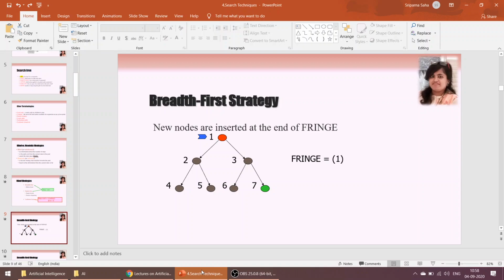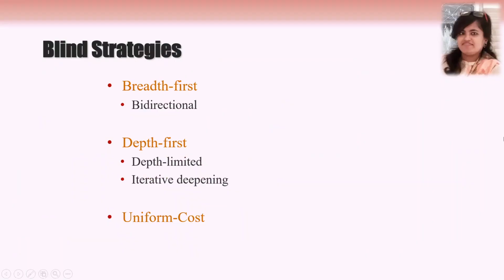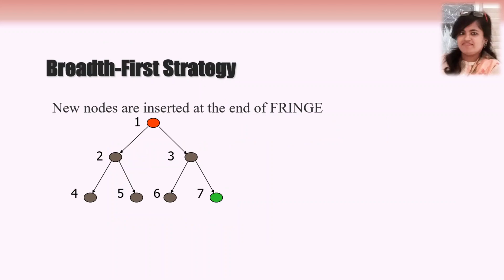Today we are going to talk about a much more detailed view of each of the search techniques that belong to the blind search techniques. And the first search technique that we are going to talk about today is breadth first search.